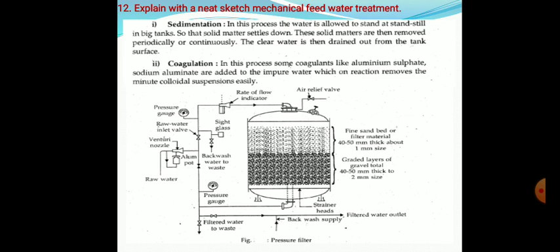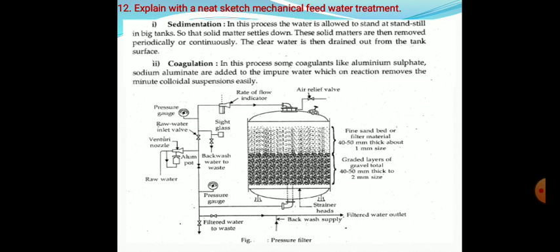The clear water is then drained out from the tank surface. The second process is coagulation. In this process, some coagulants like aluminum sulfate and sodium aluminate are added to impure water, which on reaction removes the minute colloidal suspensions easily.